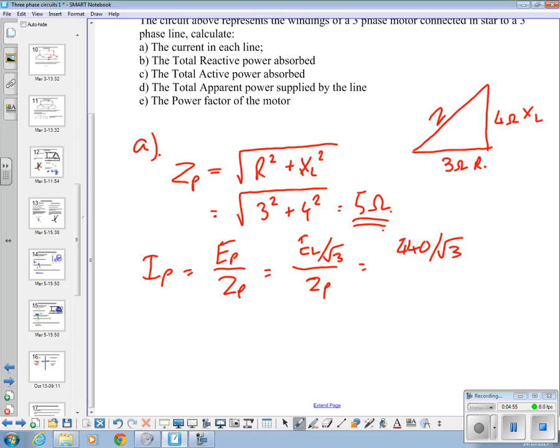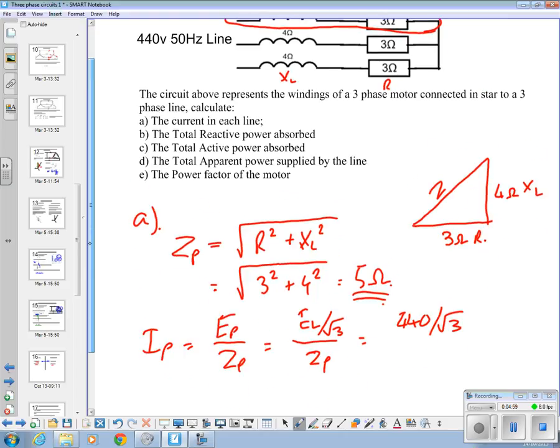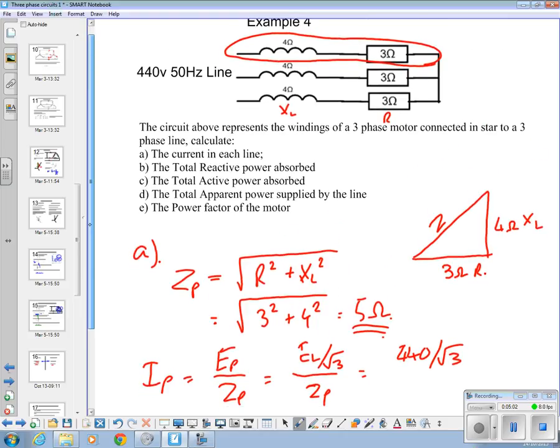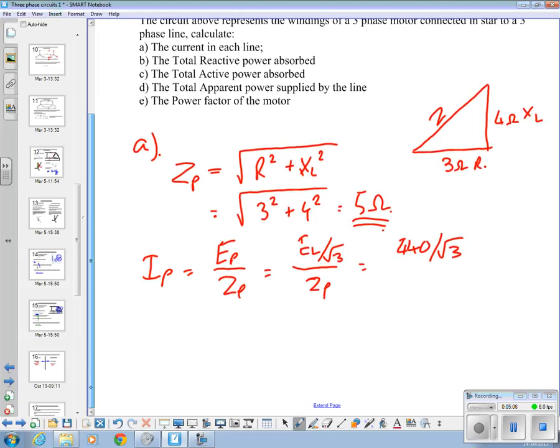No, we don't know IL. Not been given that. That's what you're trying to calculate, Matt, yeah? But IL and I phase are equal to each other, yeah? Over 5 equals.